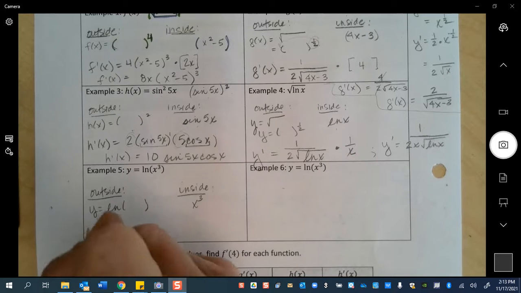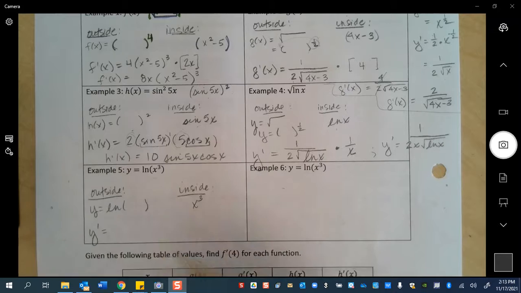All right, we'll go on to this one. Y prime is equal to, when I take the derivative of the natural log, we know that's 1 over x, right?